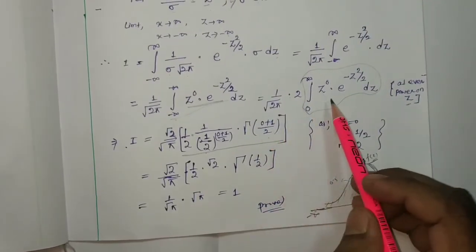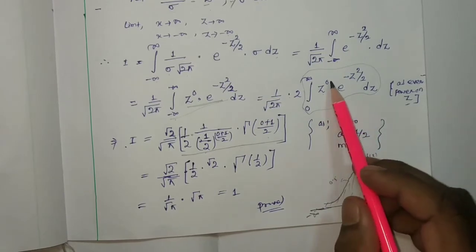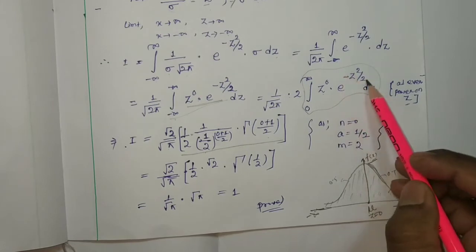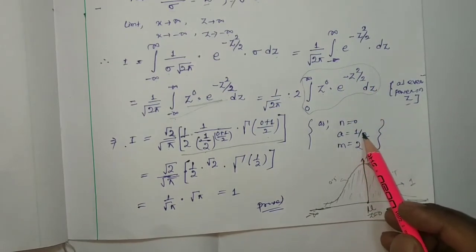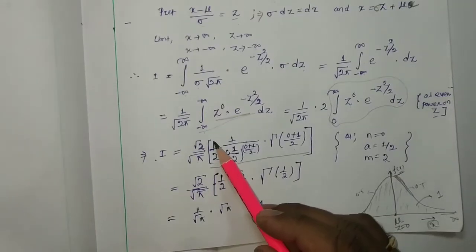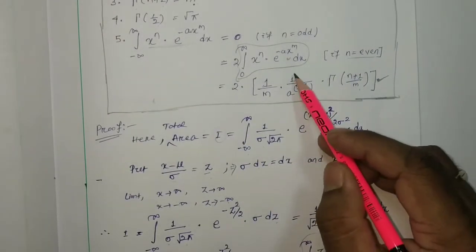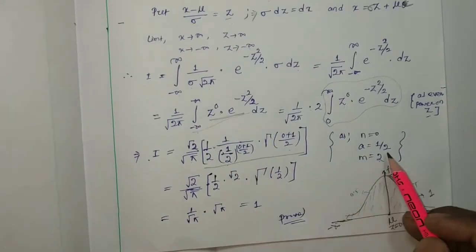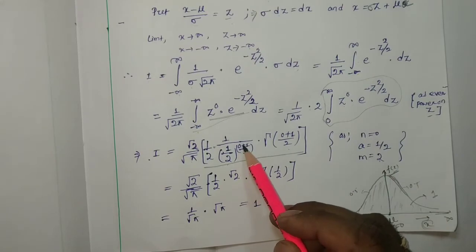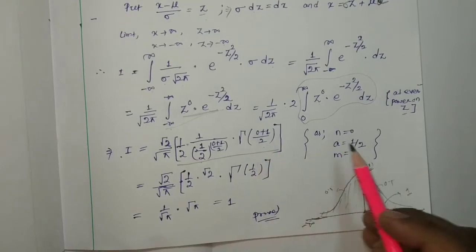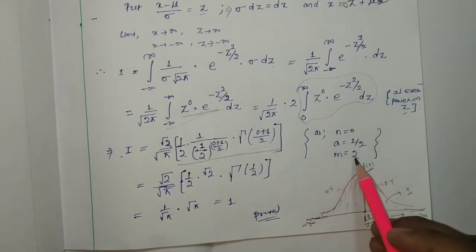So in this integral the value of n equal to 0, the value of a is nothing but 1 by 2, and the value of m is 2. We just have to put this formula: 1 by m is nothing but 1 by 2, then 1 by a is nothing but 1 by 2, to the power 0 plus 1 by 2, gamma of n plus 1 by m, so 0 plus 1 by 2.